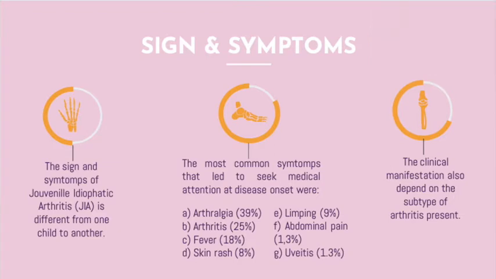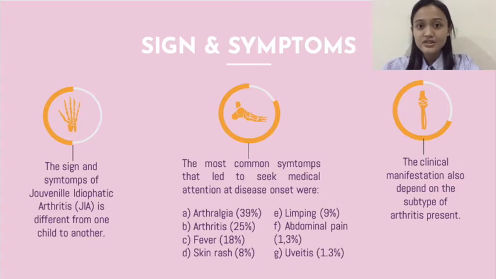The clinical manifestations also depend on the subtype of arthritis present. JIA is classified into systemic JIA, polyarticular, oligoarticular, enthesitis-related, psoriatic, and undifferentiated JIA.